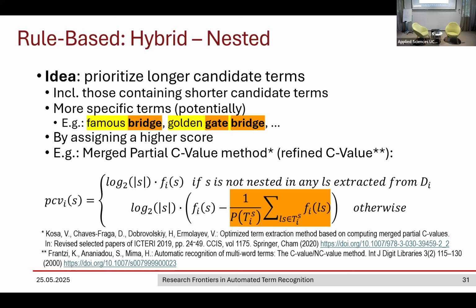There are methods that do nested term recognition, for example, the C-value method and our improvement of the C-value method, and the formula is over there. This part allows us to deprioritize the shorter terms, like bridge, like gate here, by assigning longer terms containing shorter terms a higher score.